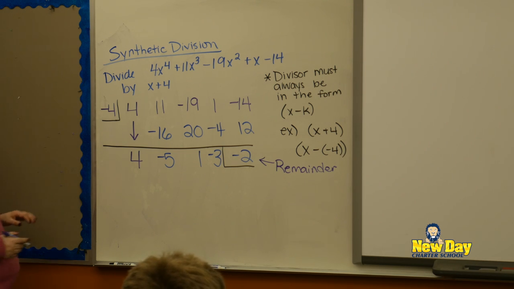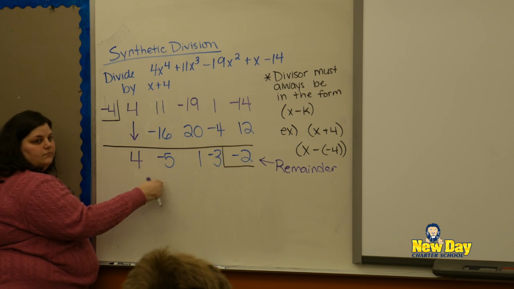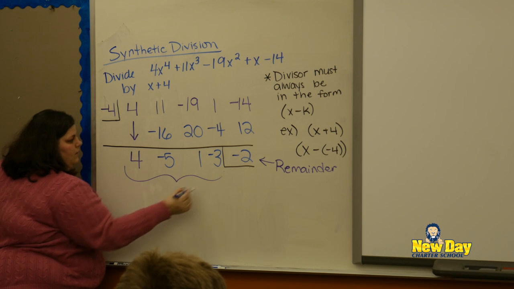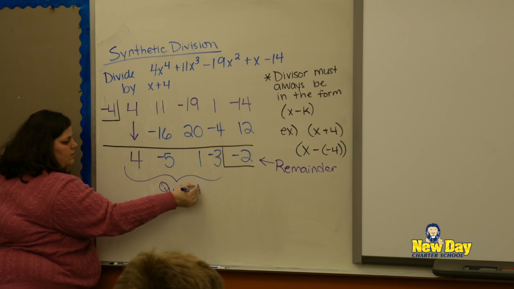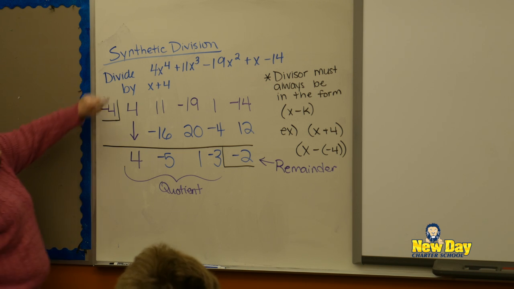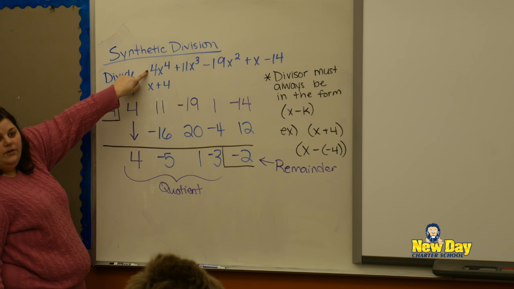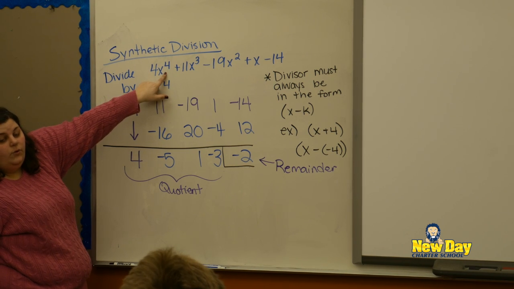Okay? This is your quotient. And the way we write this, when we put the variables back in, we go back to whatever our original exponent was. What was our first leading exponent? 4.